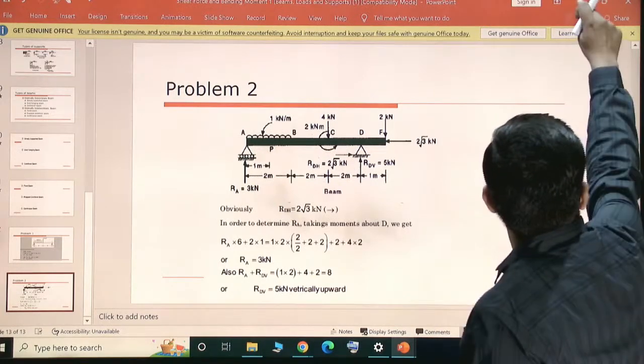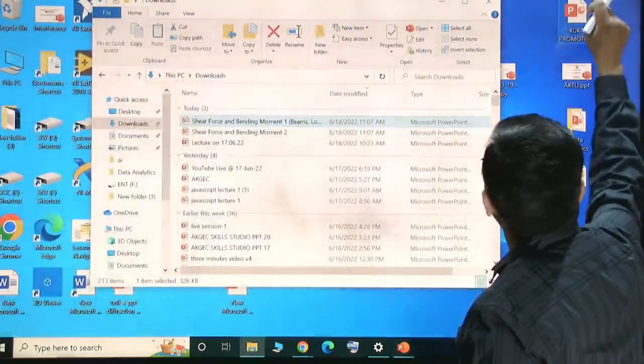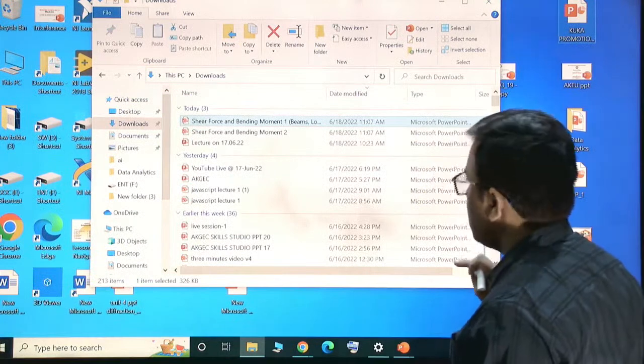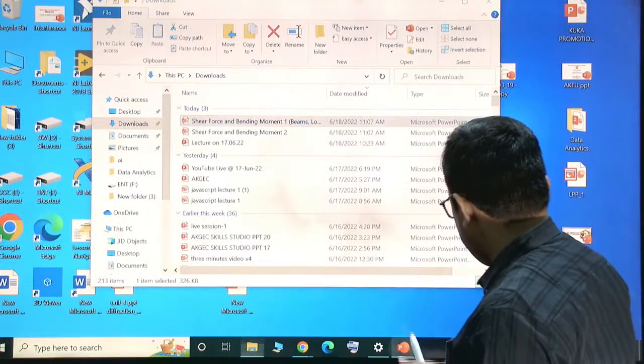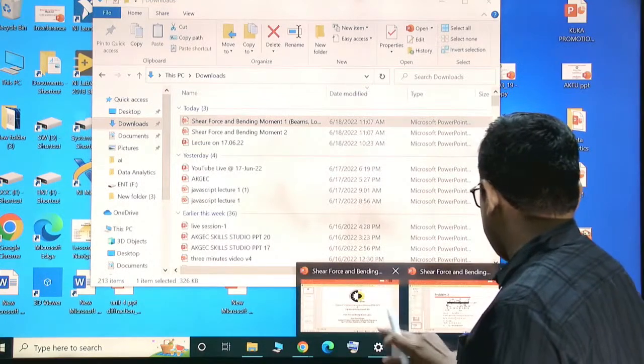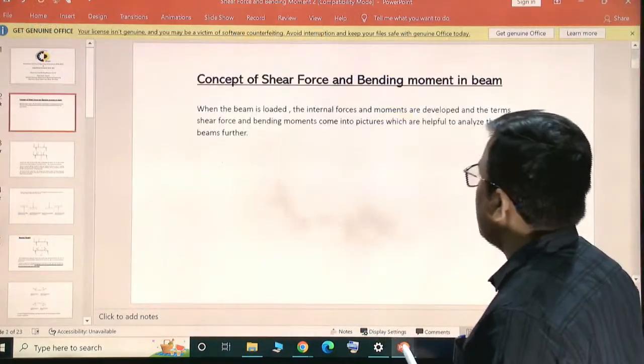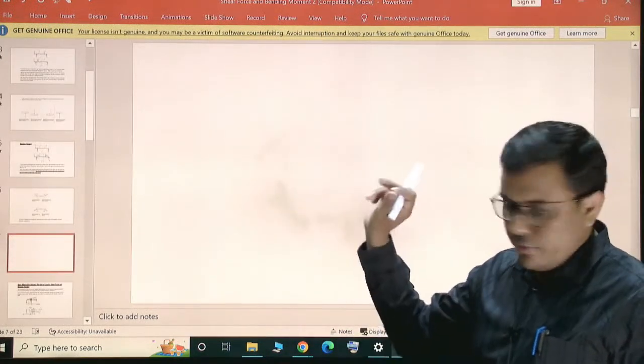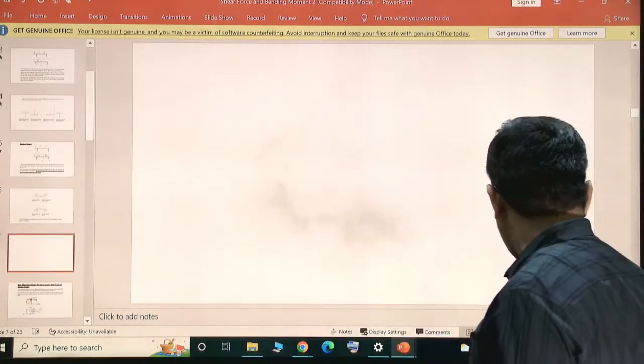Let me insert that slide here. One more problem I want to discuss here with the support reactions. One more problem in which we will be finding the UDL and UVL combination also. So the problem is like this.